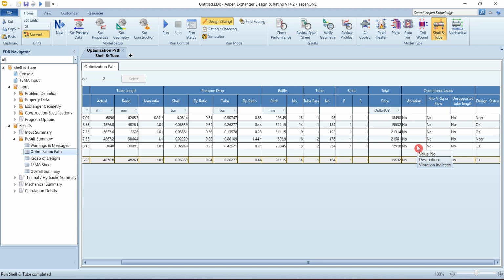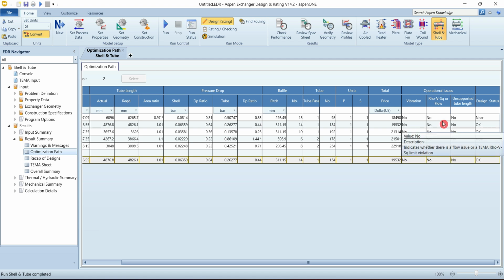That's a good sign. If there is any option of vibration over here, that means whether you are defining the geometry yourself or Aspen is taking by default, that is not acceptable at all, because that exchanger will not be operationally feasible.